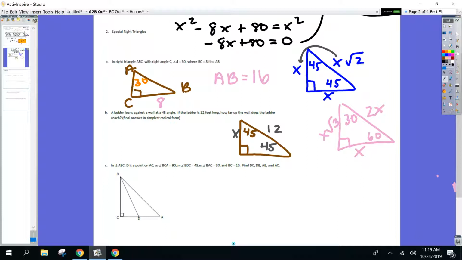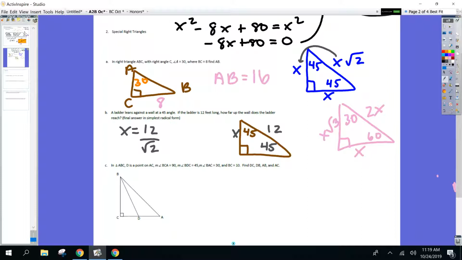From here to here, I multiply by radical 2. Everyone agree? If I went from this side to the hypotenuse, I multiply by radical 2. So how do you think I go in reverse? Divide by radical 2. So that's what I'm going to do. x is equal to that 12, not times, but divided by radical 2.